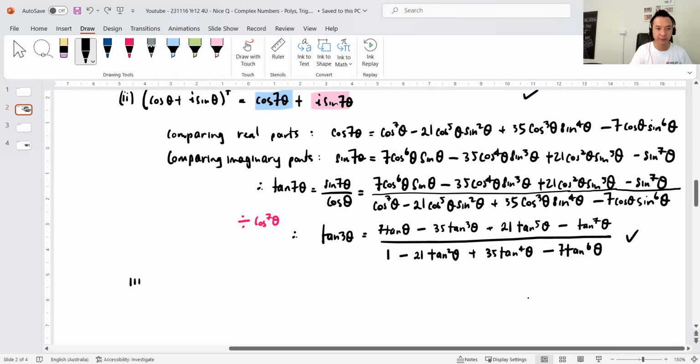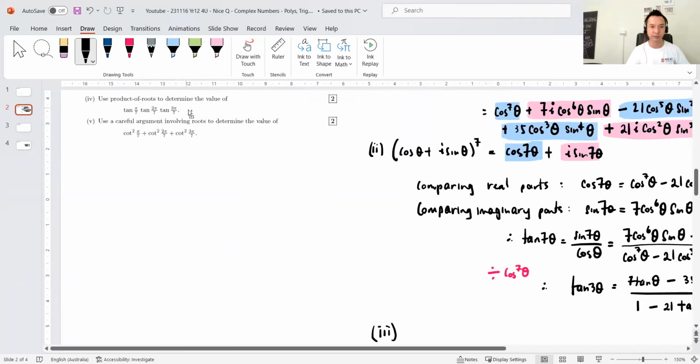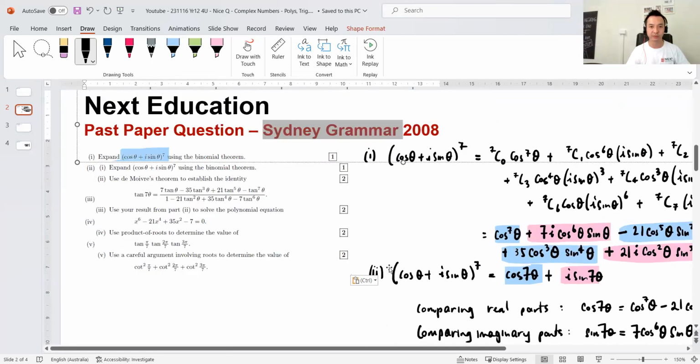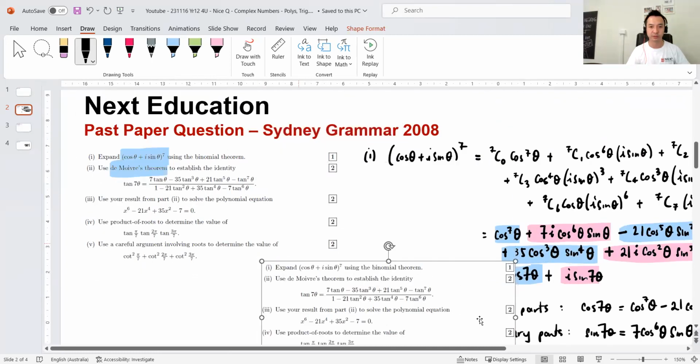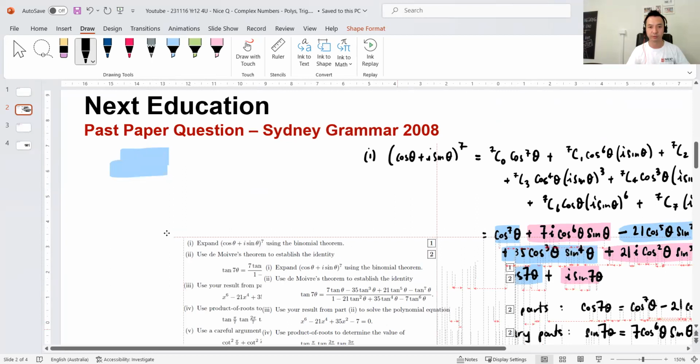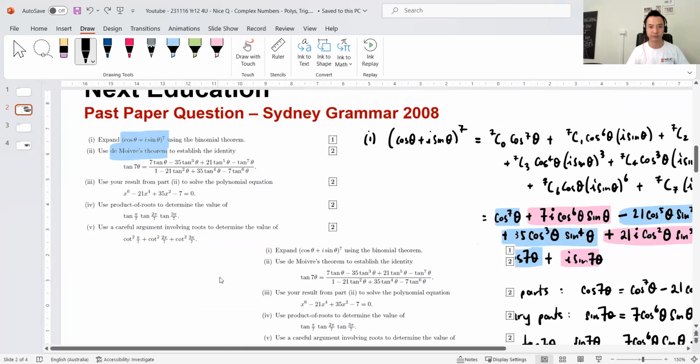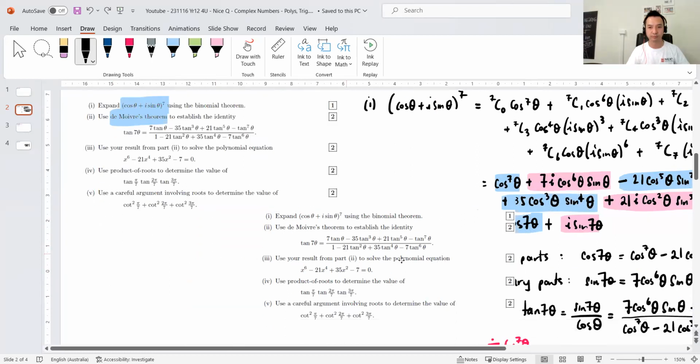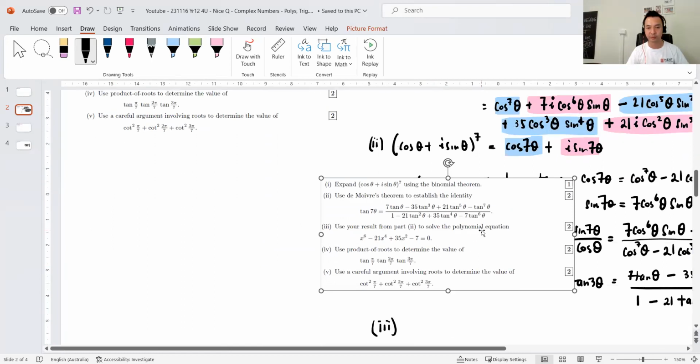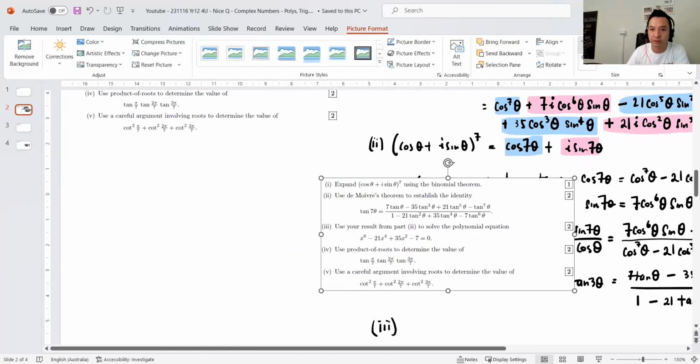Yep. Now, if you look at the question itself, right, I'm going to make a copy of this question so I don't always have to scroll up. Just bring it down. Oops, brought both down. I'm just going to crop the part that I want.